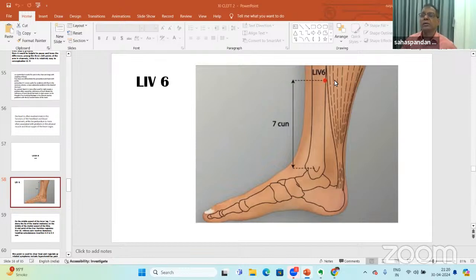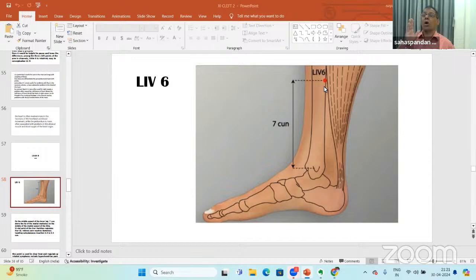It is on the posterior border of the middle of the tibia, 7 cun above the tip of the malleolus. Okay, location is clear.